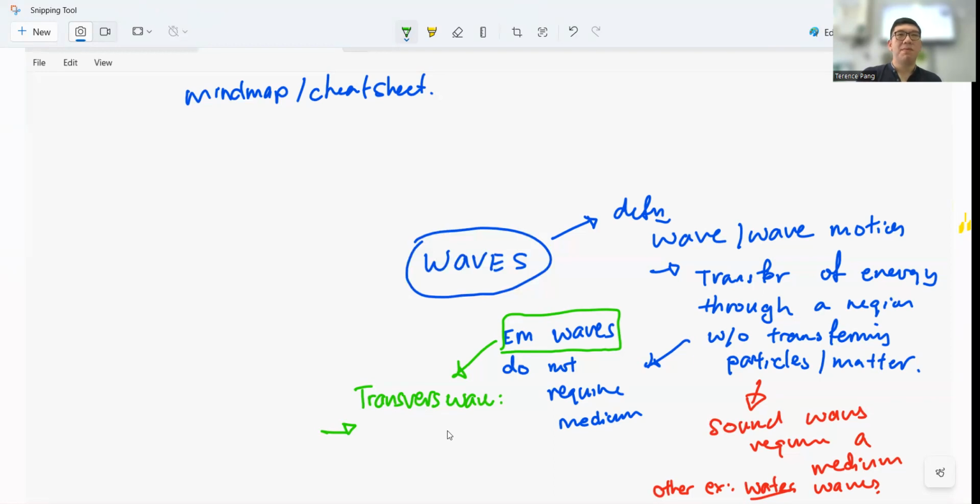When you talk about particles, what particle are you referring to? The particles belong to who? Wave. Yeah, the wave particles.